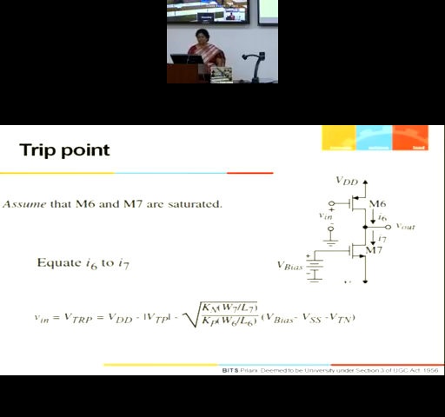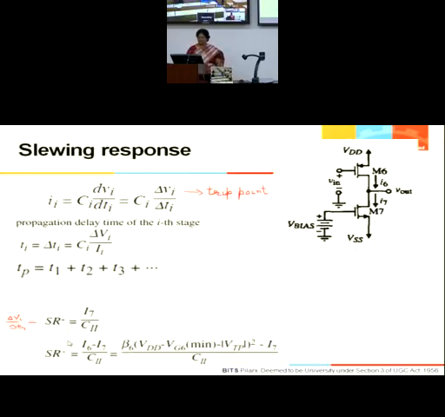So with this slew rate, we obtain the expression for T. How do you find T? T slew will be CL into, yes, what will be T slew? Slew rate is change in voltage by change in time, output voltage. And that is nothing but I6, or I, by CL.